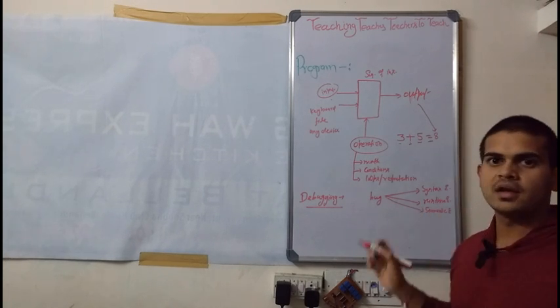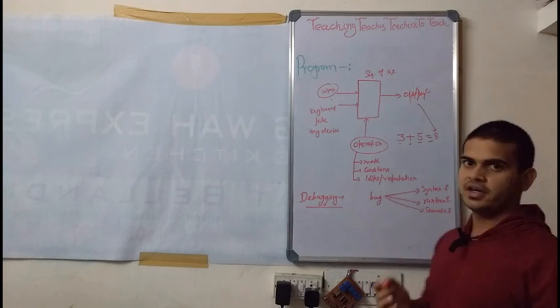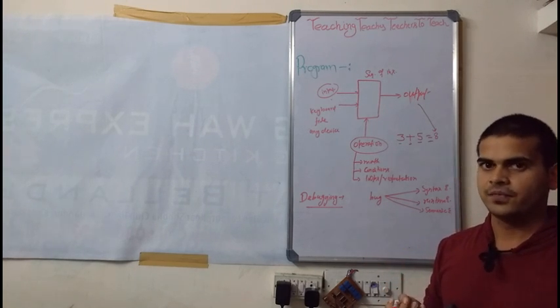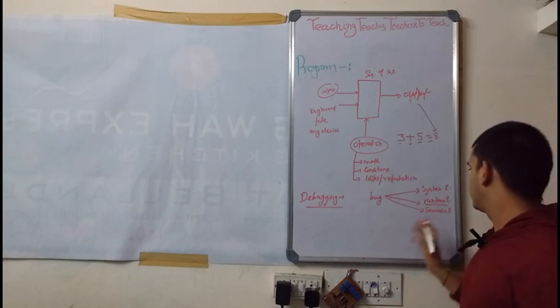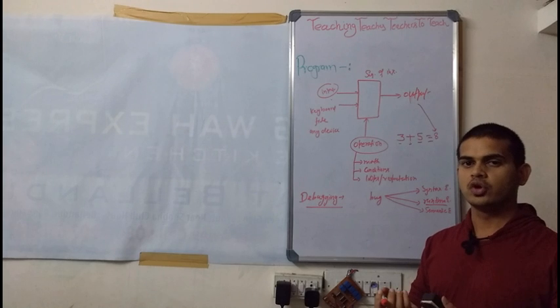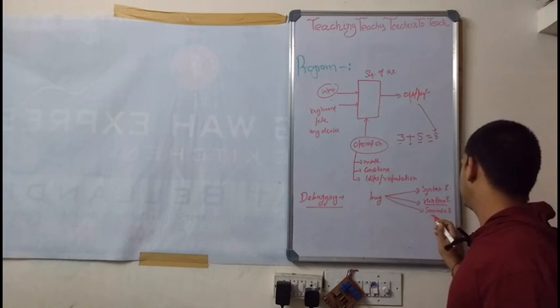In a runtime error, like 1 divided by 0 or 10 divided by 0, the thing is syntactically correct, but at runtime some exception will come. For that we call it a runtime error. And a semantic error is when you want to perform a task and it does not perform the way you want. That is called a semantic error.